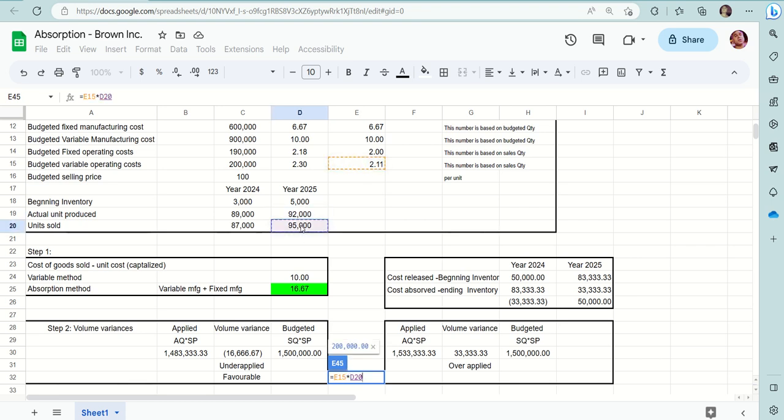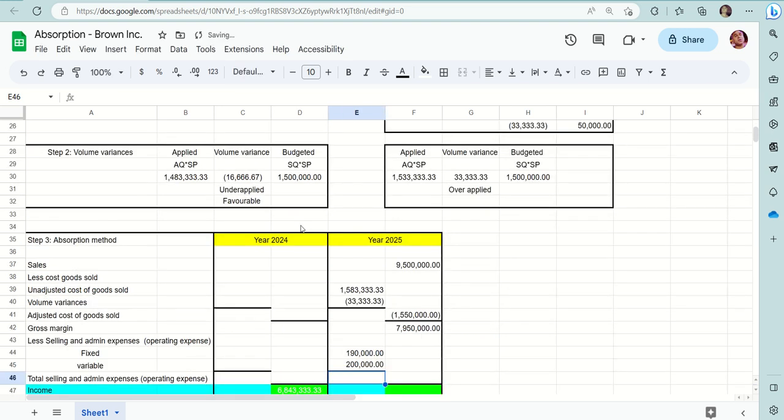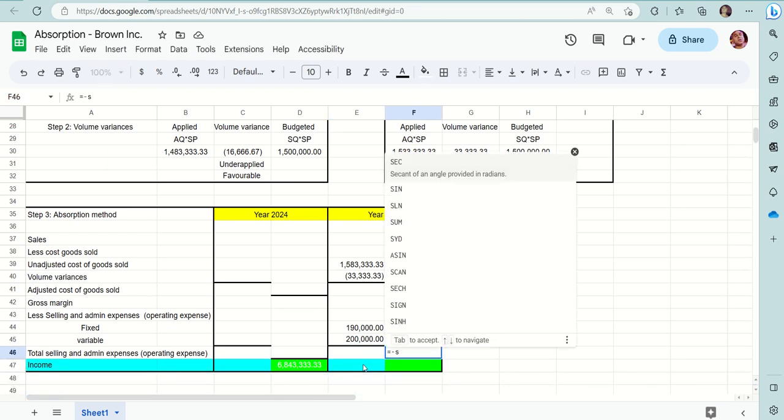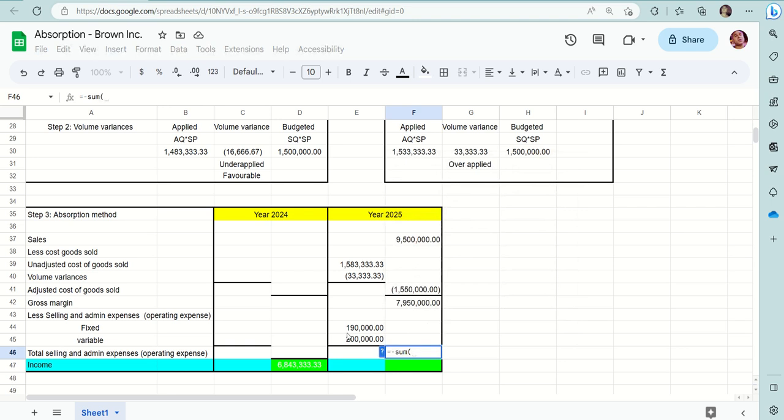Units sold was 95,000. And that would give us 200,000, right? Here we sum this up with the reverse polarity because this is an expense. And that gave us the total operating expense or selling and admin expense.